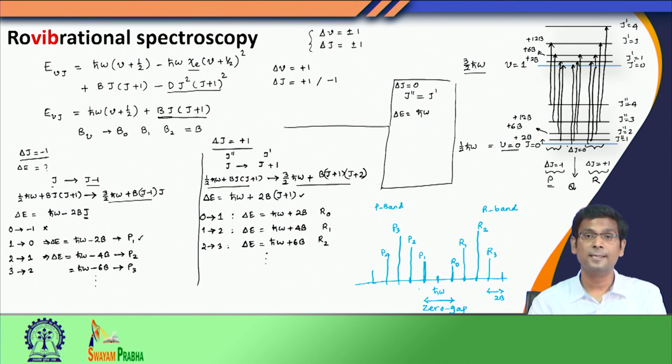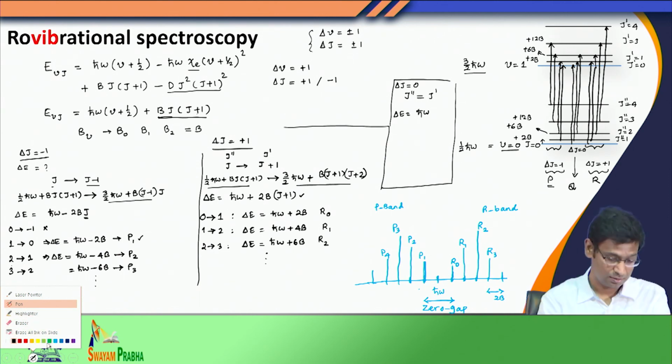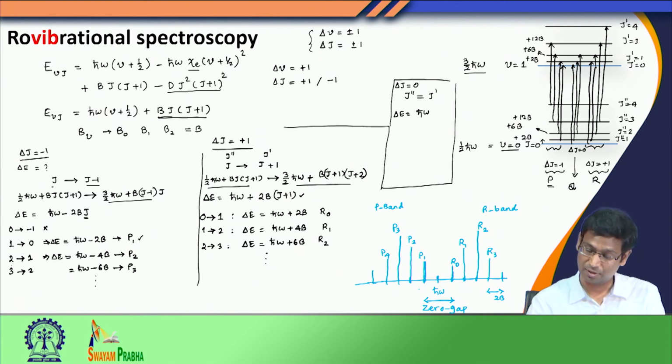Now, if I draw these Q lines in this spectrum, you would see that all these transitions, j equals 0 to 0, or 1 to 1, 2 to 2, will occur at the same energy, and that would appear at h bar omega. So, to draw this line, I am just putting a very high intensity line over here, which is for the Q band.